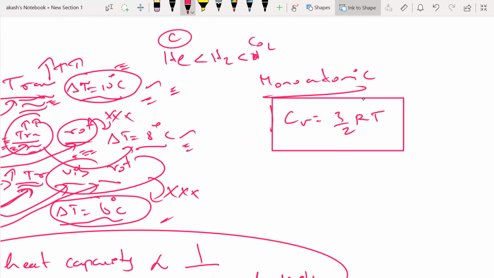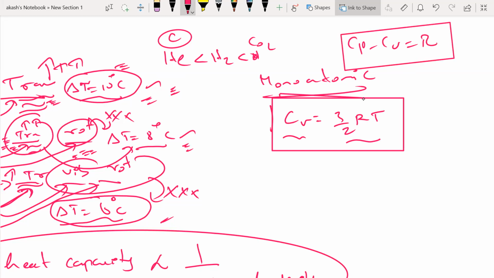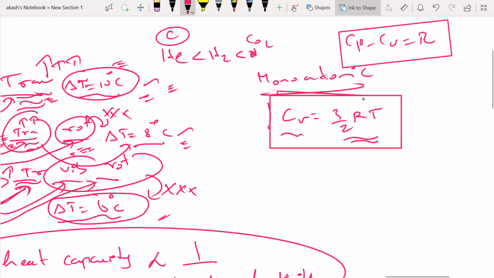There is a derivation for this, but you don't have to worry about it. Any monatomic gas will have a CV value of 3/2 RT, and obviously you know the CP value, because you know CP minus CV is equal to R, Mayer's relationship.